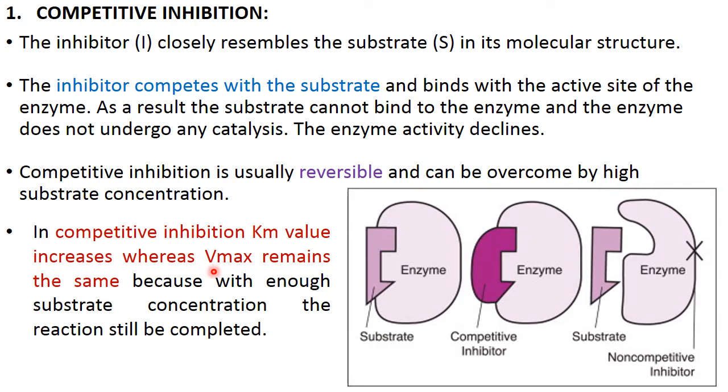But Vmax will remain the same because जब काफ़ी सारा substrate का concentration होगा, the reaction still will be completed, because we said competitive inhibition can be overcome when we increase the concentration of the substrate.